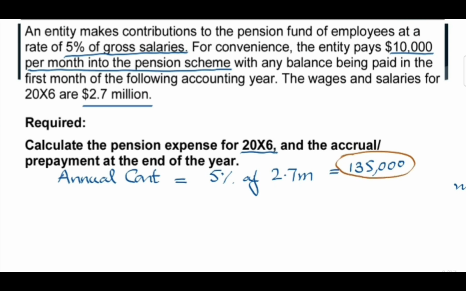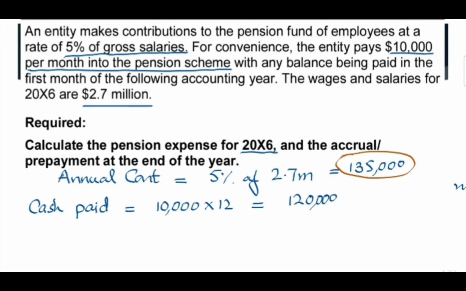Now we need to consider what is the amount of cash paid, and then we need to compare the annual contribution with the cash paid in order to find accruals or prepayment to be recorded in the statement of financial position. So the cash paid figure is $10,000 per month, and there are 12 months in a year, so the contribution paid by the company is 120,000.